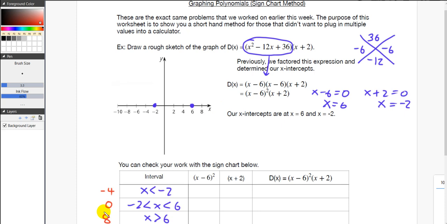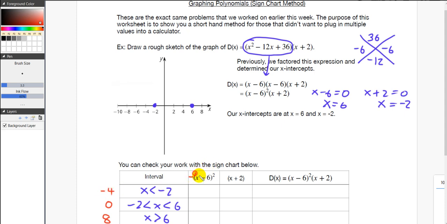For this next part, we're going to put either a plus or a minus symbol in these columns. A plus will indicate that the output is positive, and a minus sign will indicate that the output is negative. So let's go and do that.